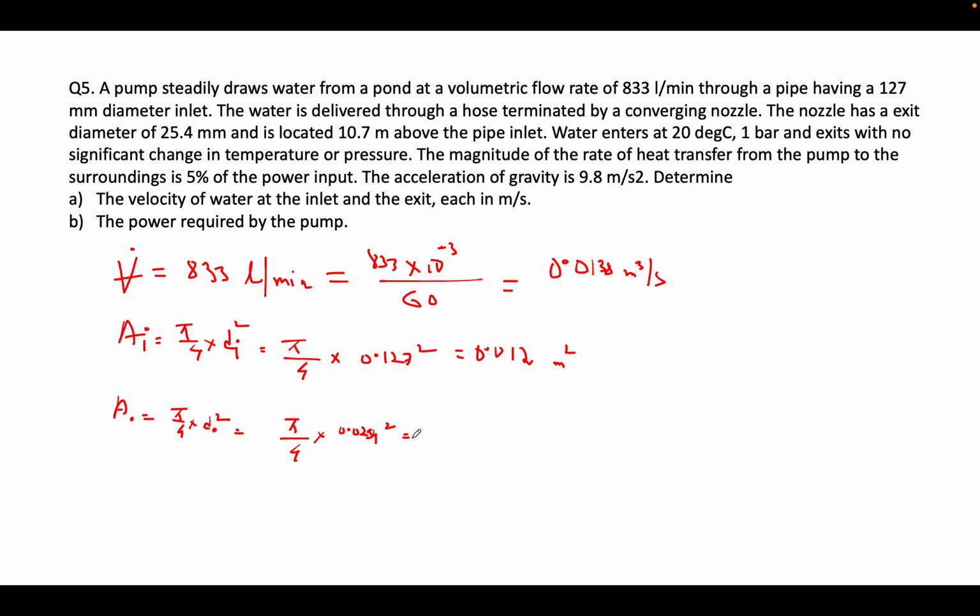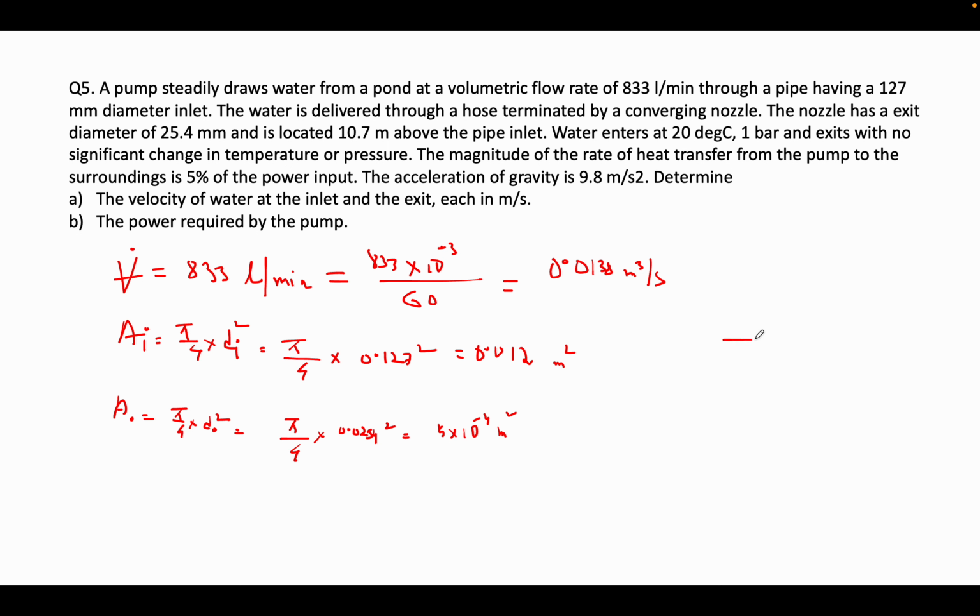That is 5 into 10 to the power minus 4 meter square I'm getting.